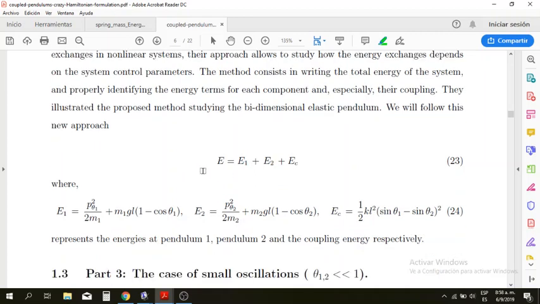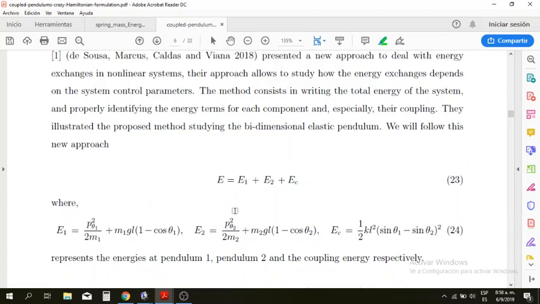In this case, this is very easy because the energy of the first pendulum will be the kinetic energy of the first pendulum plus the potential energy of the first pendulum. The energy of the second pendulum will be the kinetic energy of the second pendulum plus the potential energy of the second pendulum, and the energy of the coupling will be the energy of the spring, 1 divided by 2 times k times L squared times the sine of theta 1 minus the sine of theta 2, squared.